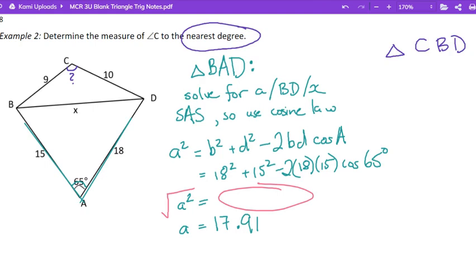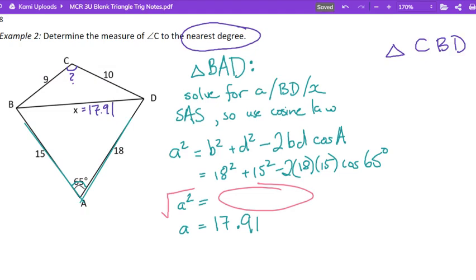Like, make a prediction. Is it going to be little? Is it going to be big? Is it going to be greater or less than 90? I want everyone to think about this. Okay, I'm hearing a lot of obtuse, right? And we're like, yes, because if one of the sides is 9, one is 10, and then this side is 17.91, it's going to be ginormous.